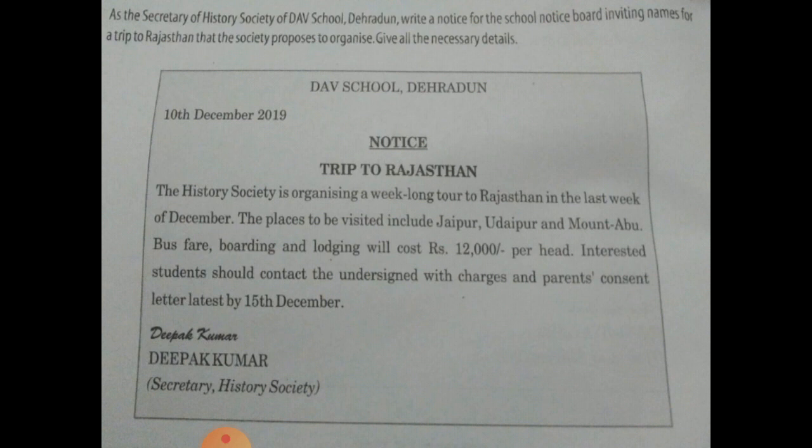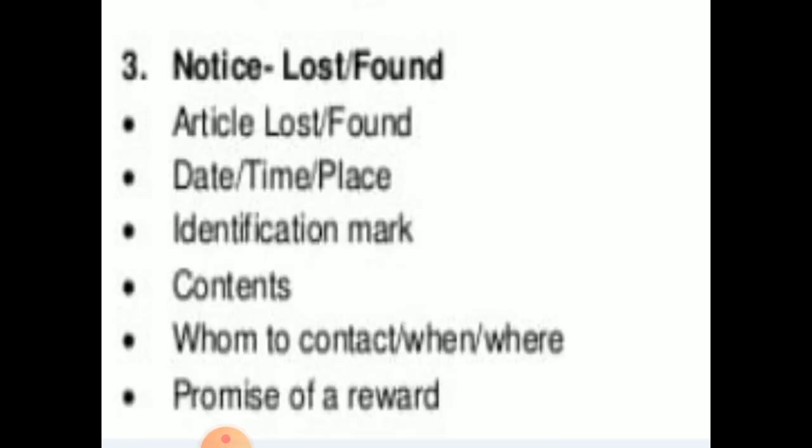Now third type of notices regarding lost and found. Article lost, found, date, time and place, identification mark, then contents, whom to contact, when to contact, and where to contact. All these information should be provided in the notice regarding lost and found.